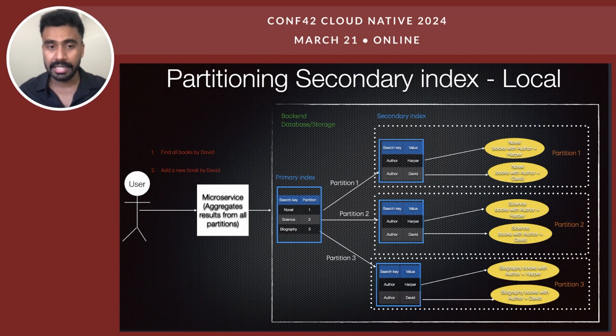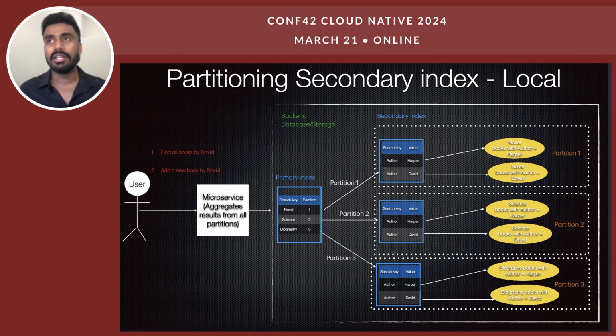Say let's assume the data is partitioned based on the genre, and now we have to find all the books by the author David. You need to go through novel, science, and biography, each of the partitions. And in each partition, there is something called a secondary index. Why?